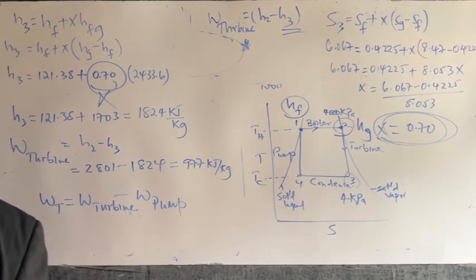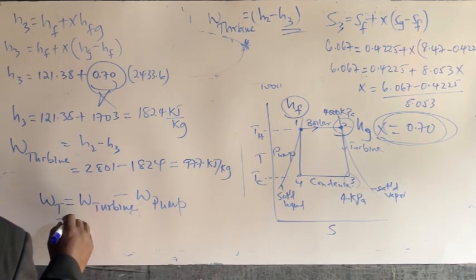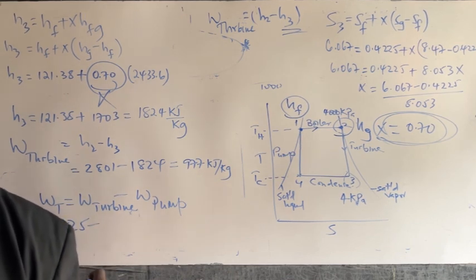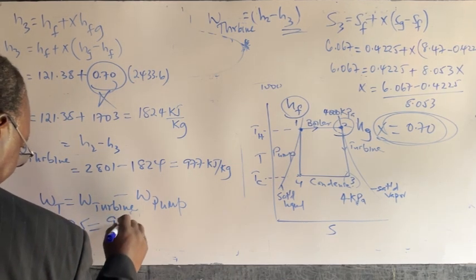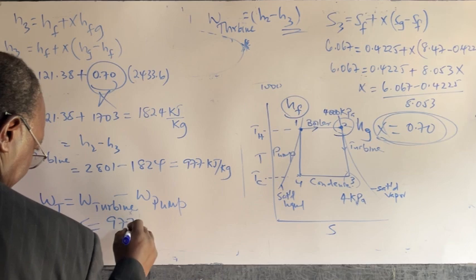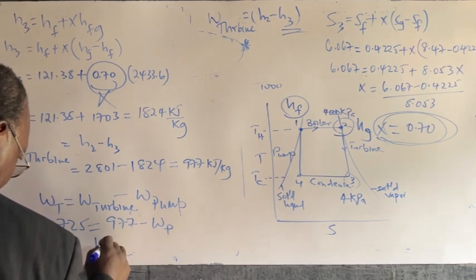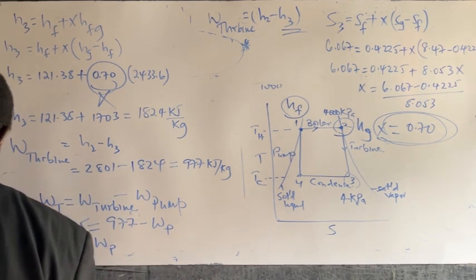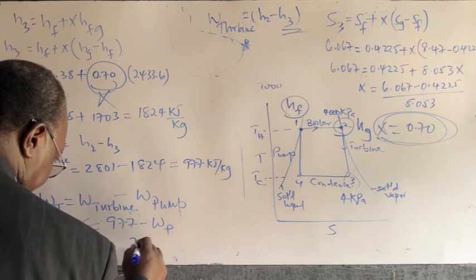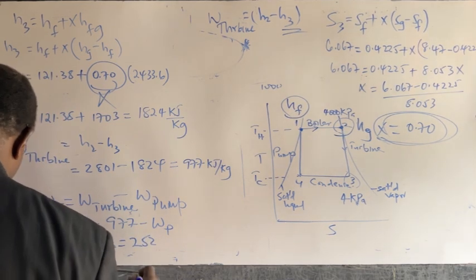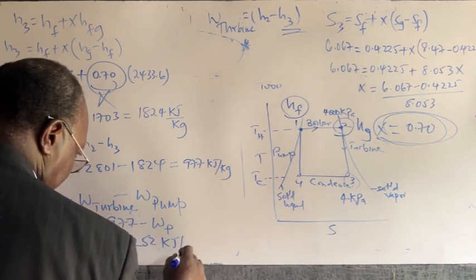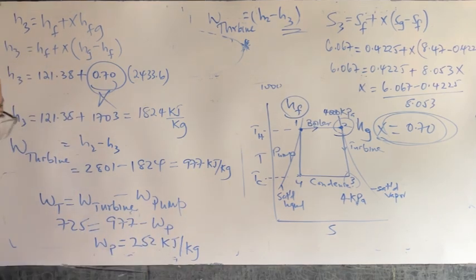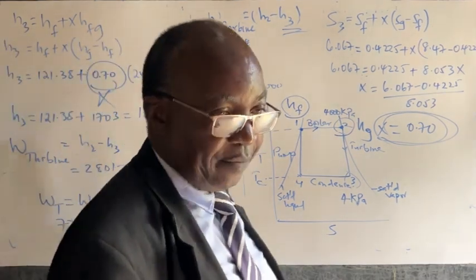And so we have those values already. 725 is equal to 977 minus WP, therefore WP is equal to 252 kilojoules per kilogram.